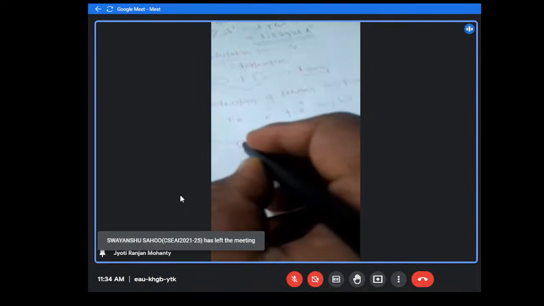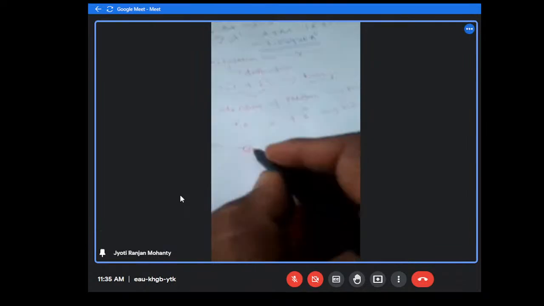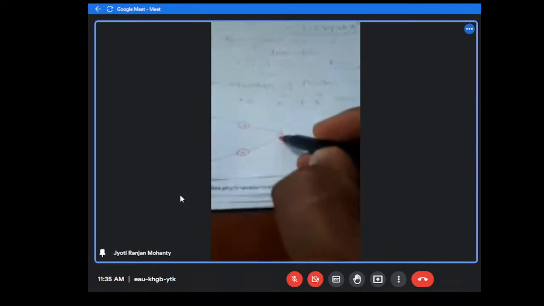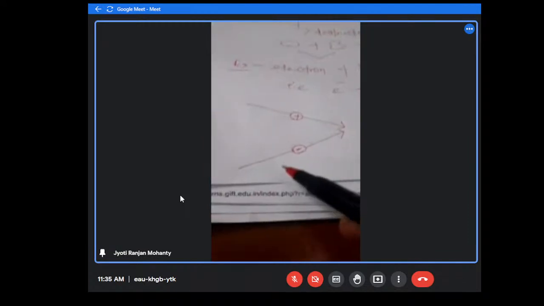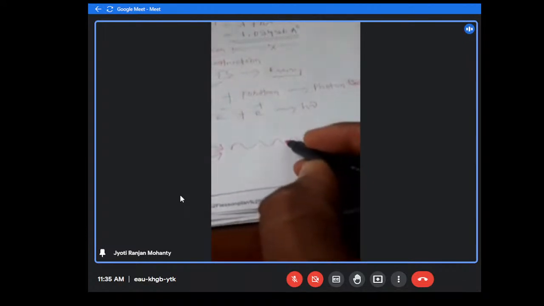So the electron combines with the positron, and we get a photon having energy E equal to h nu. If I want to show it diagrammatically, this is a positron, and this is an electron. Electron means minus. When the electron combines with the positron, we get a gamma ray or photon.